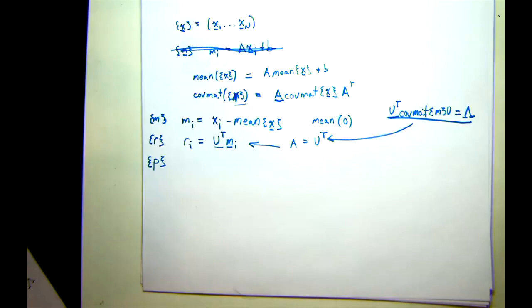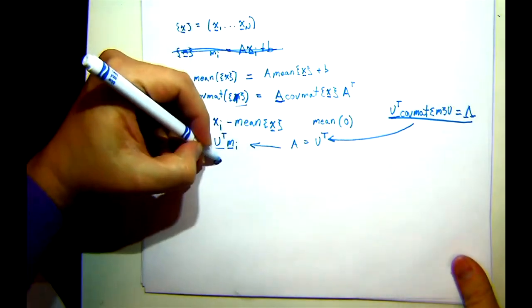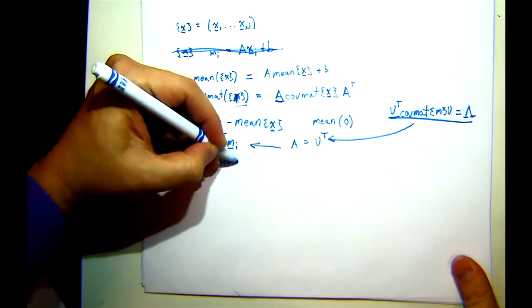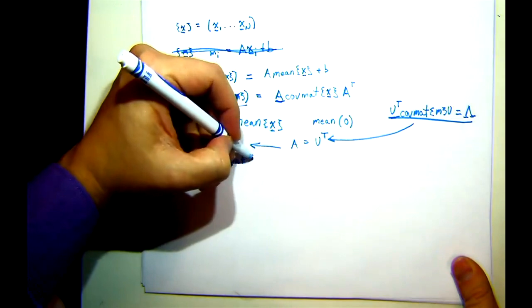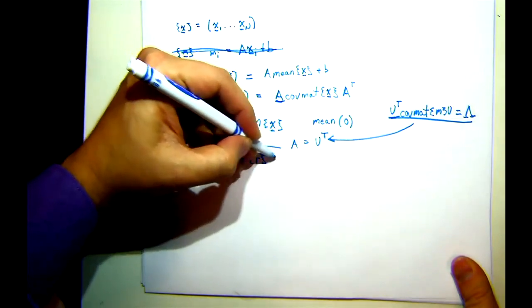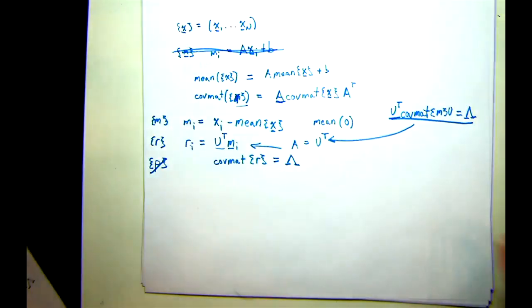And the nice thing about this is that now when we calculate the cov mat of our new data set, it's actually going to be equal to that lambda. And again, the lambda, remember, has a diagonal that is non-zero, and everything else is 0.